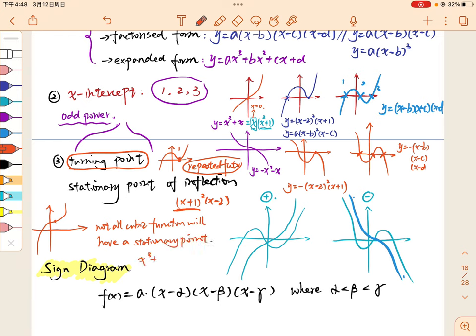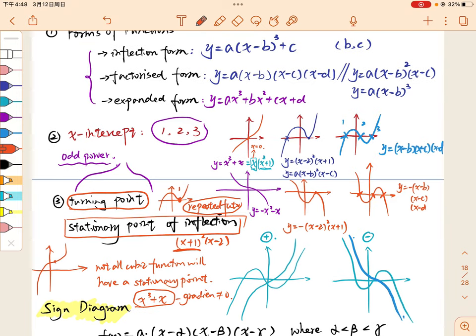For example, x cubed plus x just doesn't have a stationary point. There's no point on this graph where the gradient equals 0. So stationary points of inflection might not exist for all the functions.